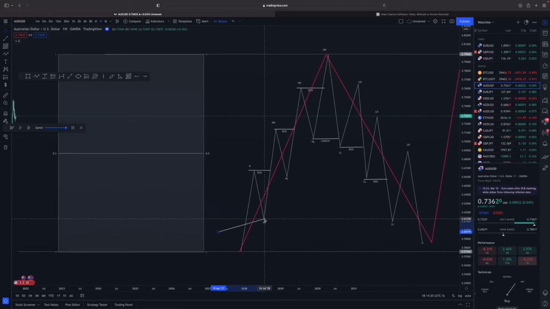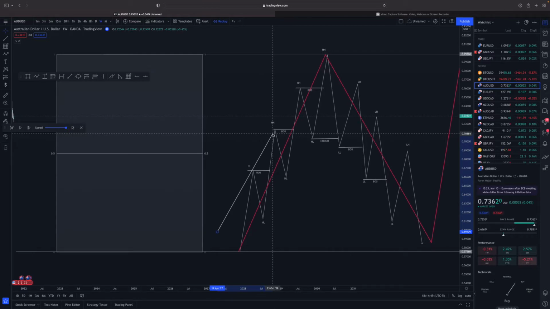As long as it does not break below this low, it's still bullish, right? You're still going to be looking for your buys. Always trade with the trend. The trend is your friend. Trust me, guys, you want to always be trading with the trend. When you get a bit more advanced, you can start doing counter trend trading and stuff like that. But for now, if you're a beginner trader, you want to be mostly focusing on trading with the trend.